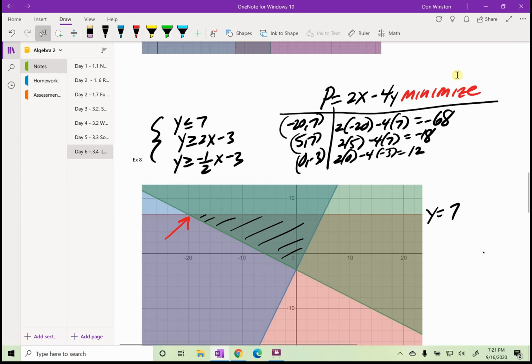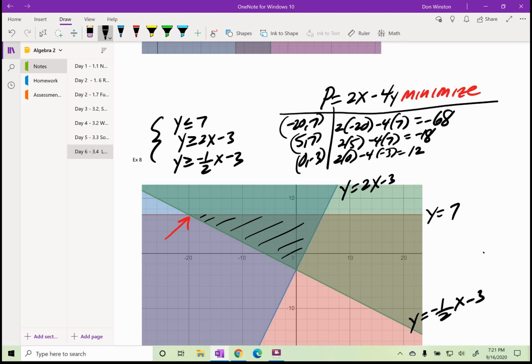And this green line here has a positive slope, so that's going to be y is equal to 2x minus 3. And then this line here is the line y equals -1/2 x minus 3.